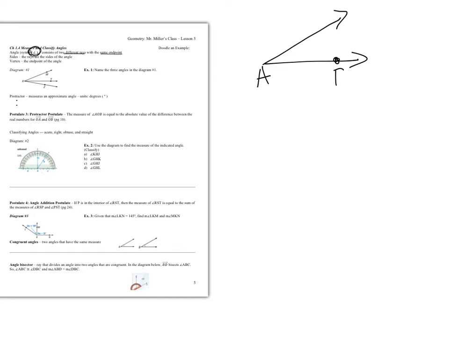So this would be B, and this one up here, this is C. And then looking at what we have right here, point A is my vertex. And then we have our sides. So my sides are going to be ray AC and then ray AB, the sides of this angle.